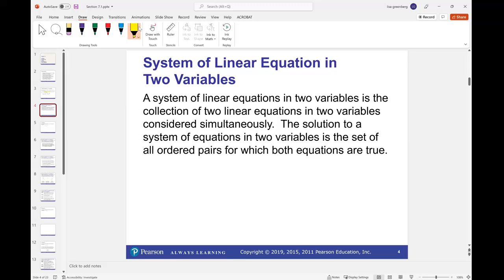So since we have two variables, meaning two different values that change, x and y, we have to have two different equations. If we had three variables, we would need three different equations. We will not be working with more than two for this class. But you could have x, y, z, then you would need three equations.